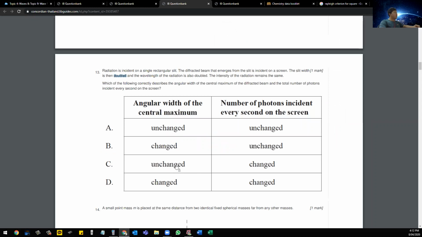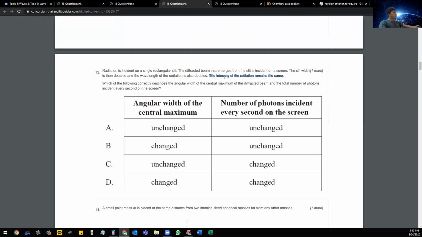But the number of photons incident every second on the screen, this is something that we haven't covered yet. It says the intensity of the radiation remains the same. That's the clue.